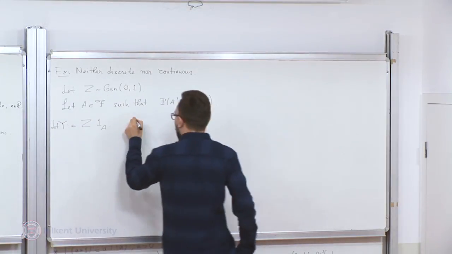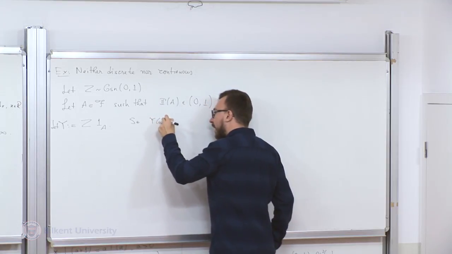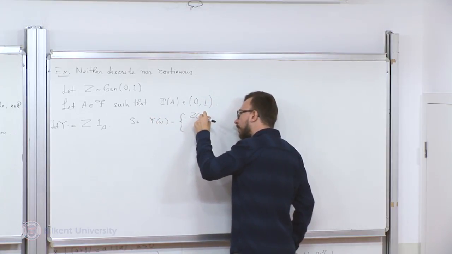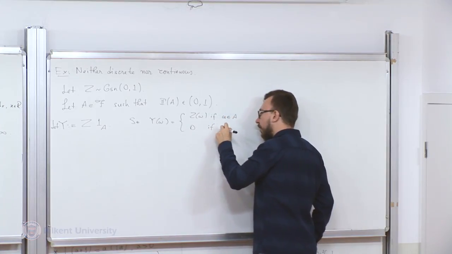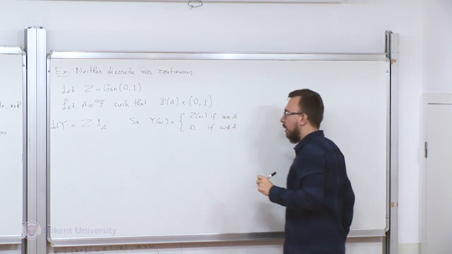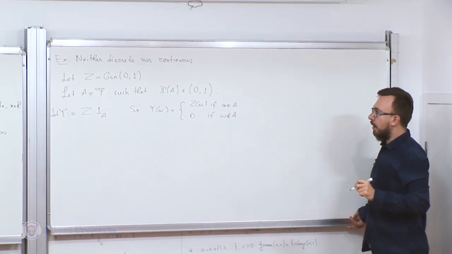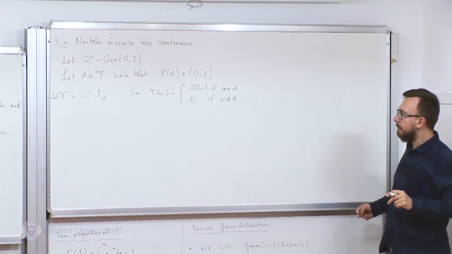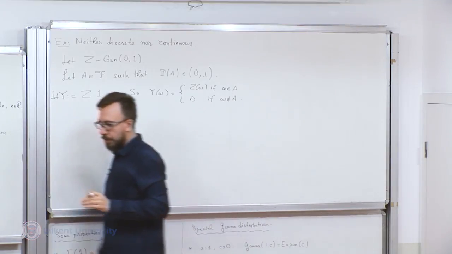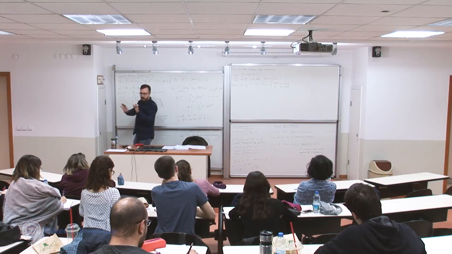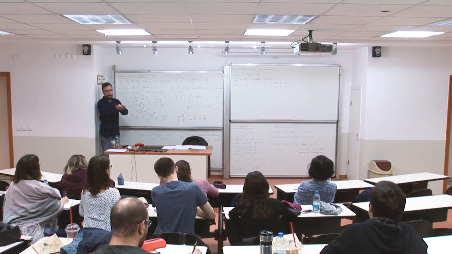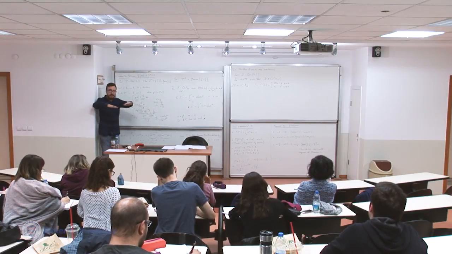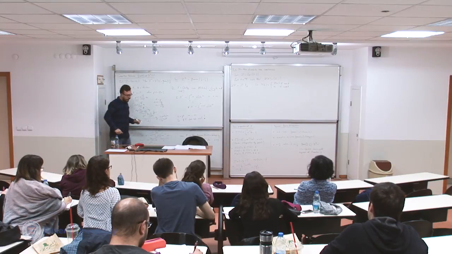So this means Y of omega is equal to Z of omega if omega is in A. Otherwise, it's 0. So just a Gaussian 0, 1 random variable restricted to a set. And outside that set, it's just 0.